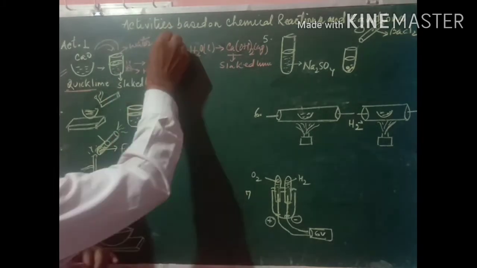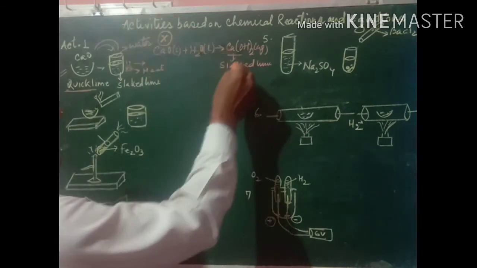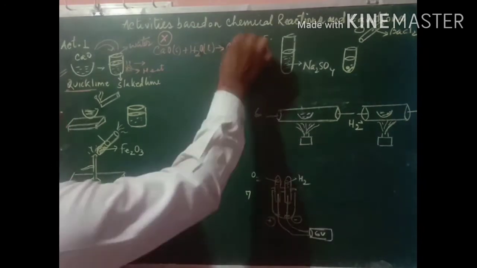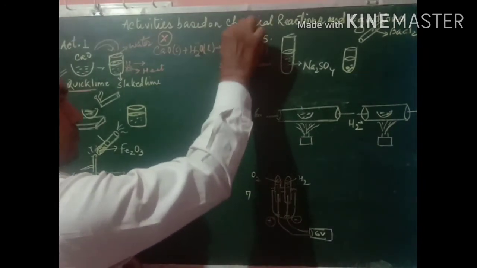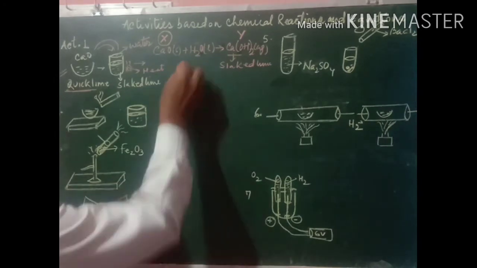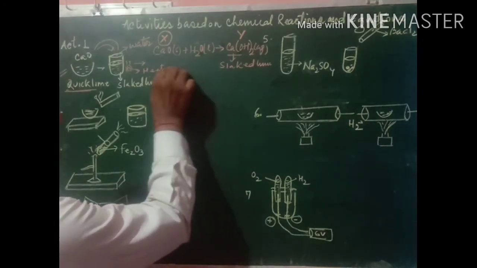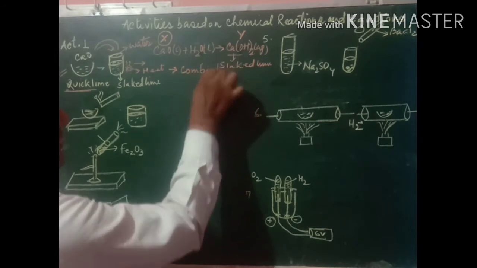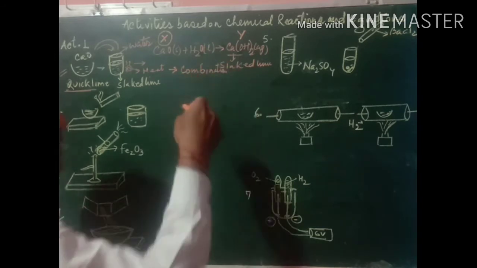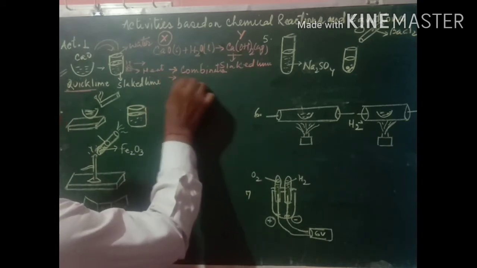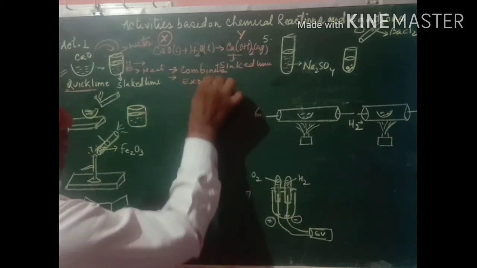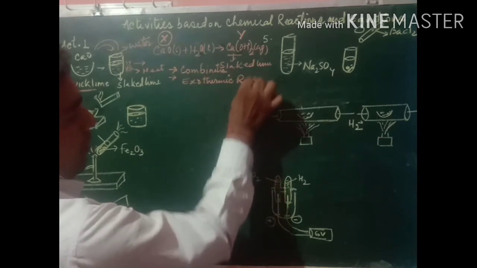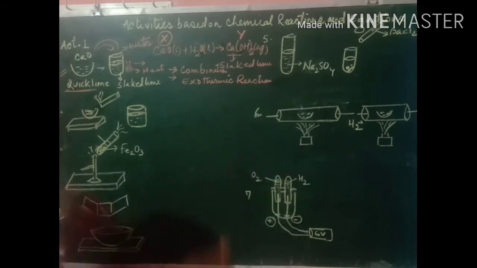This material is X, and the material that is produced, the product, is Y. Okay, students, so actually this reaction is a type of combination reaction, as well as an exothermic reaction. You should remember that.